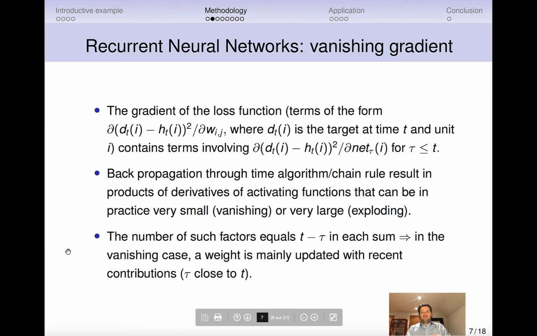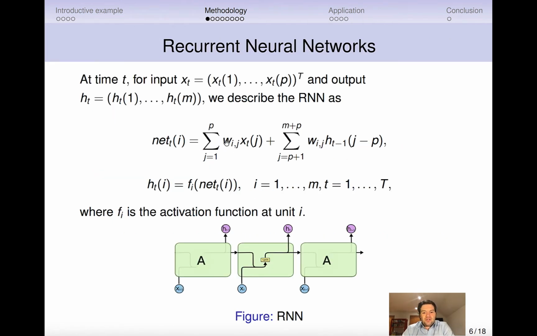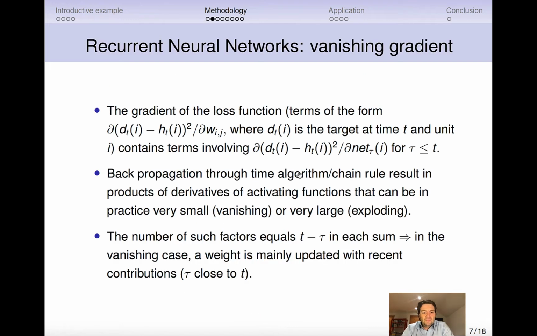But there are problems with these kinds of networks, especially when we use gradient descent to update the parameters w_ij of those networks. The gradient contains derivatives of the loss function, and the loss function contains terms of this type: d_ti, this is the target of the cell i at time t.